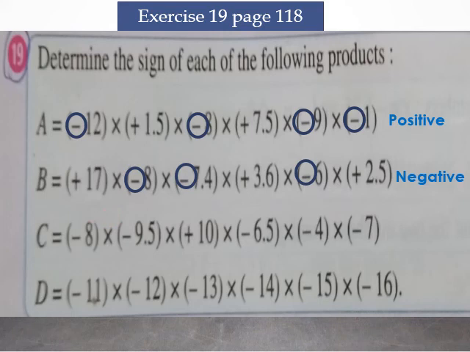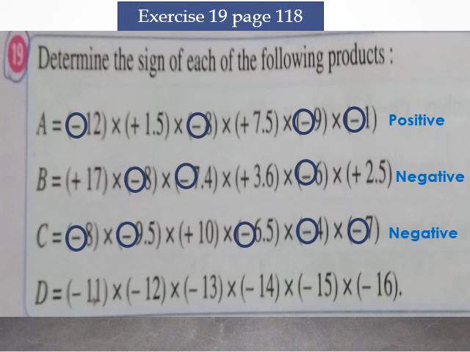Now part C. How many negative signs? 1, 2, 3, 4, and 5. 5 negative signs, and 5 is an odd number, so definitely our answer would be negative. Part D, the last part. Minus 11.